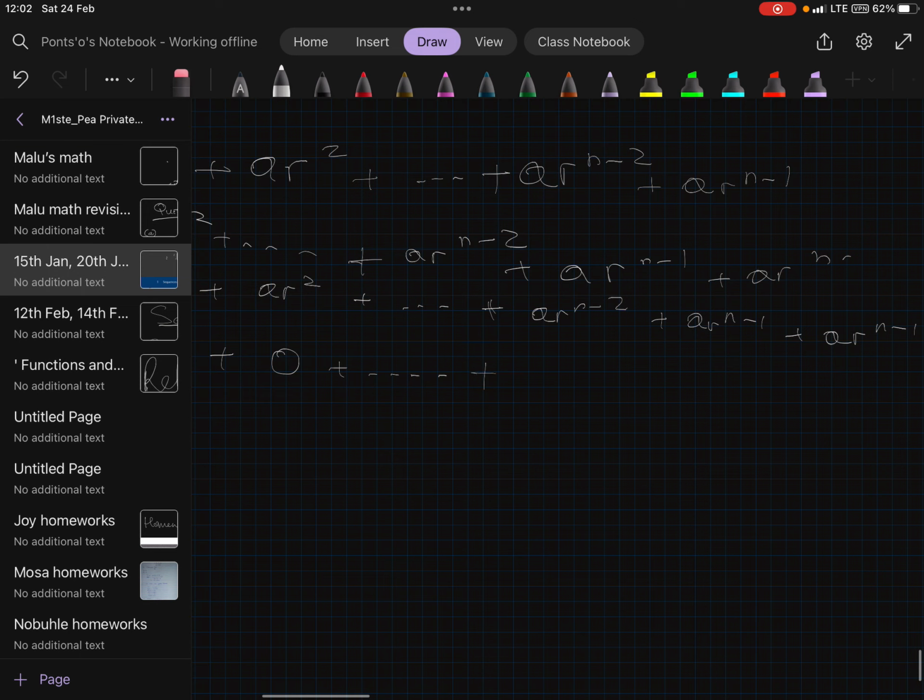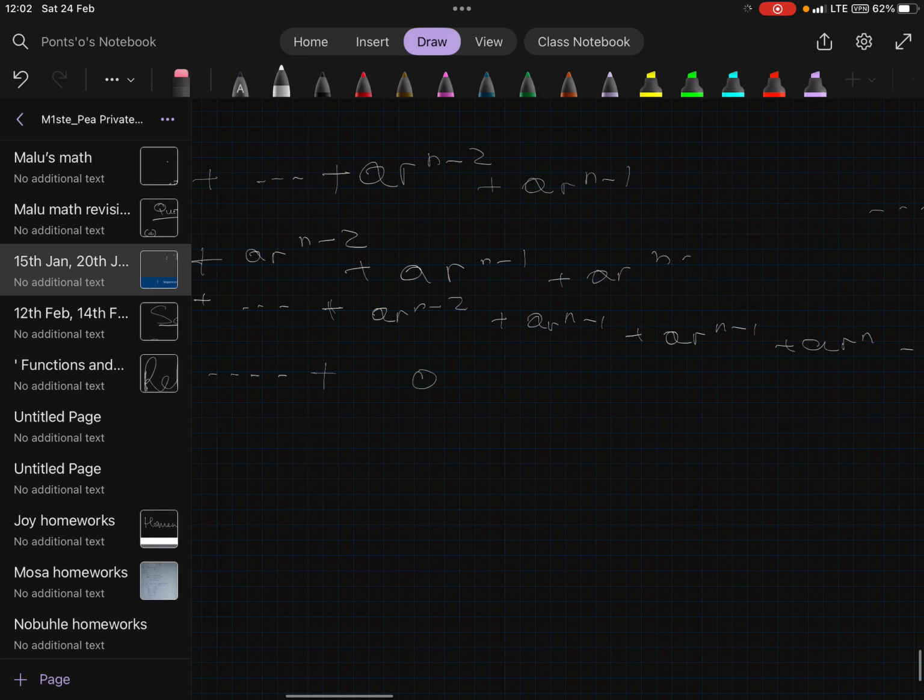We do that so many times that ar to the power n minus 2 subtracts ar to the power n minus 2, giving us 0. ar to the power n minus 1 subtracts ar to the power n minus 1, that also gives us 0. And then at the end, we're left with ar to the power n.